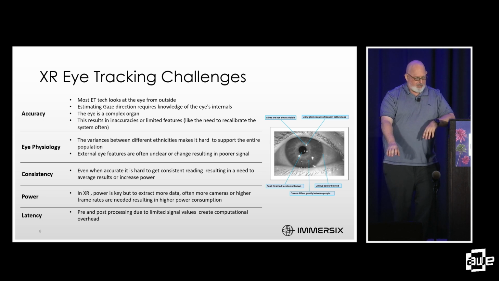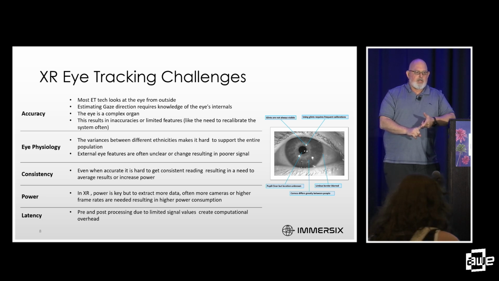It's not exactly where you think it is. The eye moves. It's not perfectly round. Things move around. It changes along the day. It changes with age. It changes with different people. There are eyelashes, humidity. A lot of things affect the technology, and the result is that we need to adjust it.